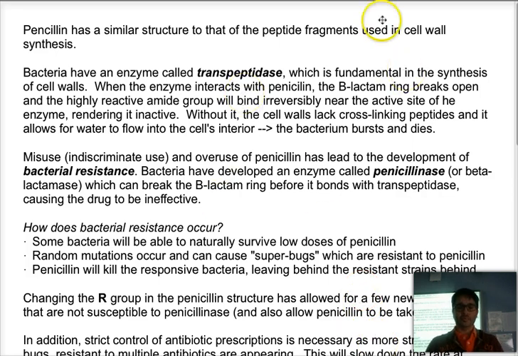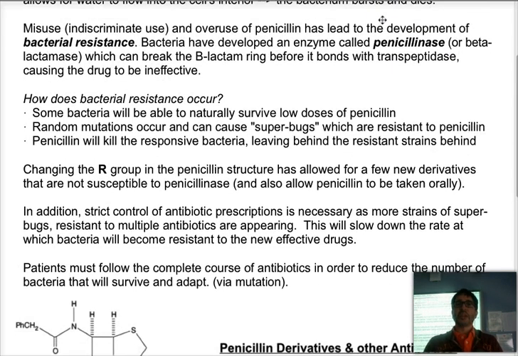Now, if we misuse penicillin, because it has been over prescribed, we don't finish our cycles of antibacterials, we give it to animals and all these kinds of things, there has been a growth of bacterial resistance.